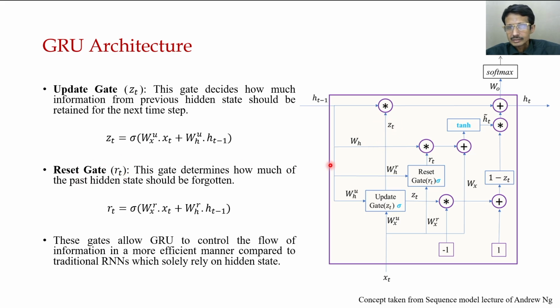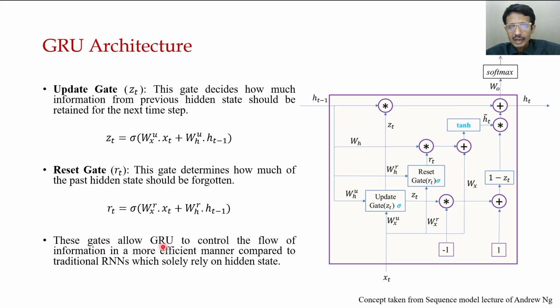Next is the reset gate, that is r t. How r t is formulated is very similar to the update gate: W x of r, the only difference being that u is for update and r is for reset, times x t, plus W of h, r for reset, times h t minus 1.